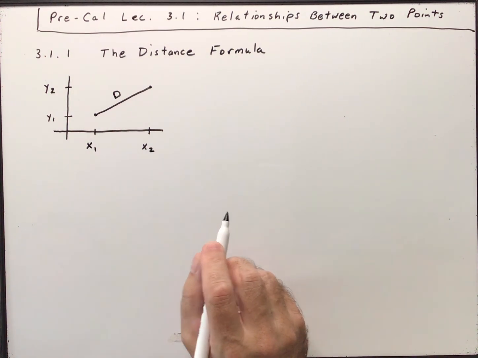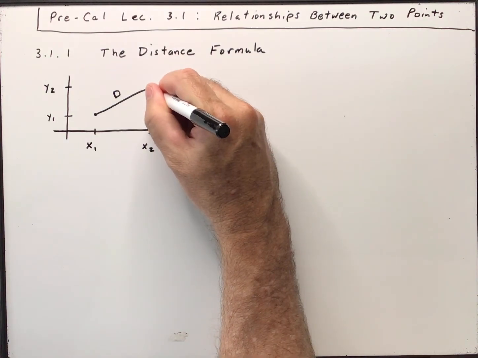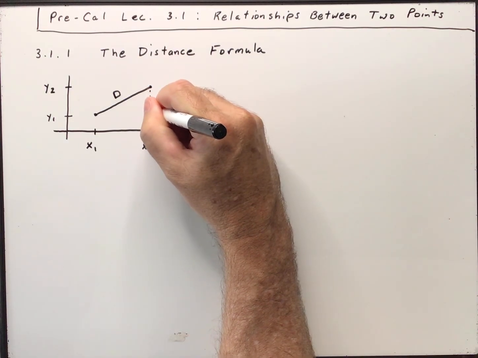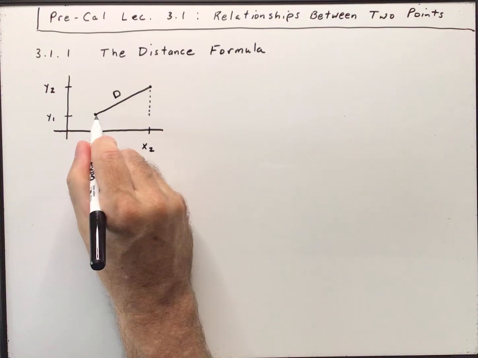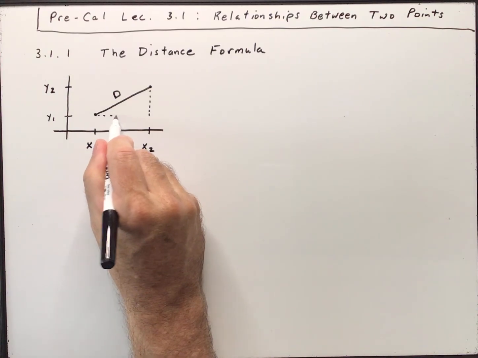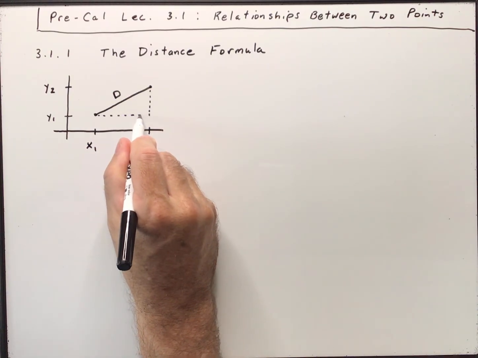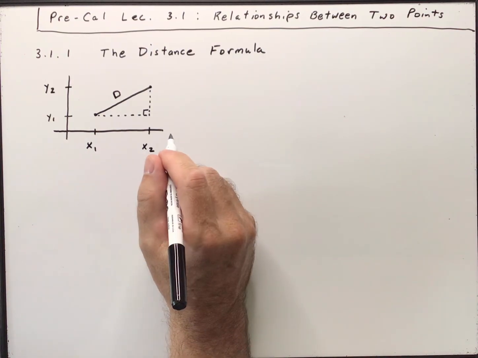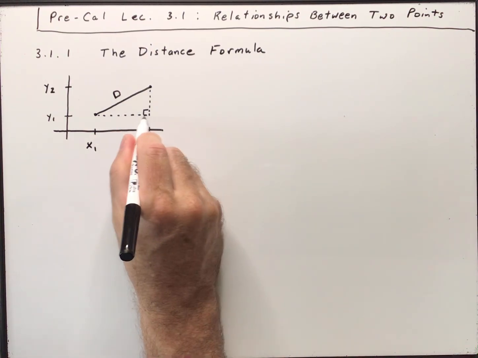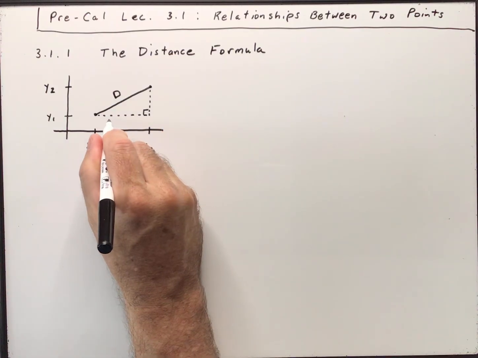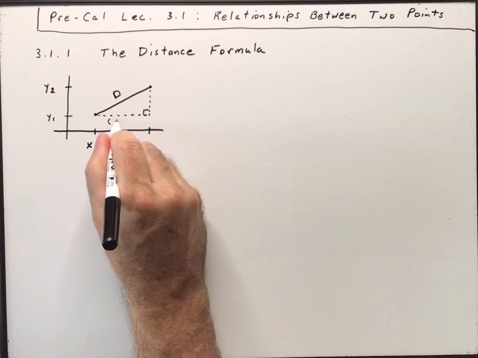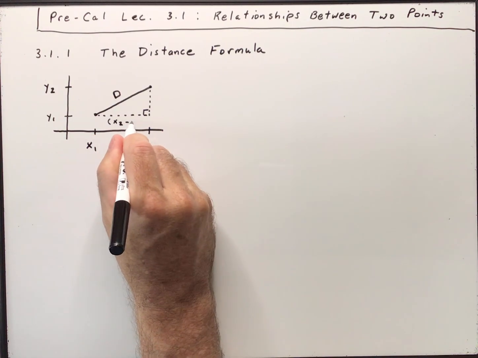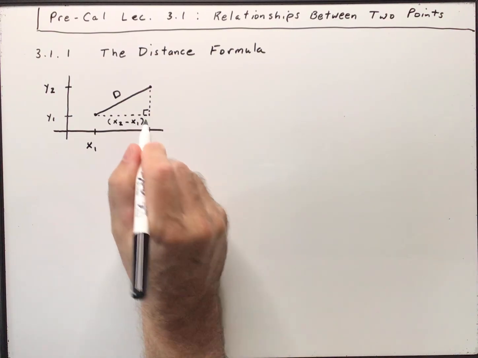Okay, so what we can do here is make ourselves a right triangle. And the distance of the base of this right triangle, the length of it, is x2 minus x1.